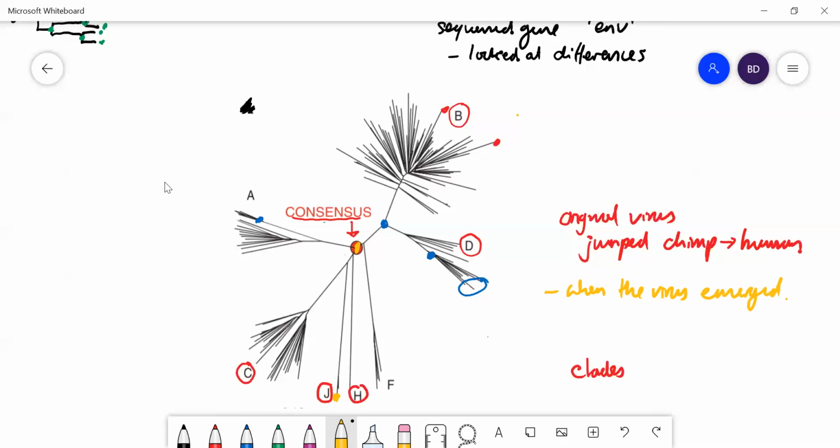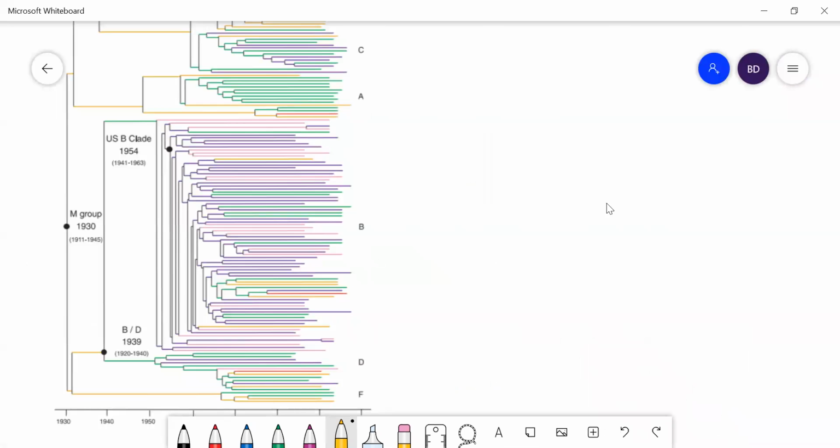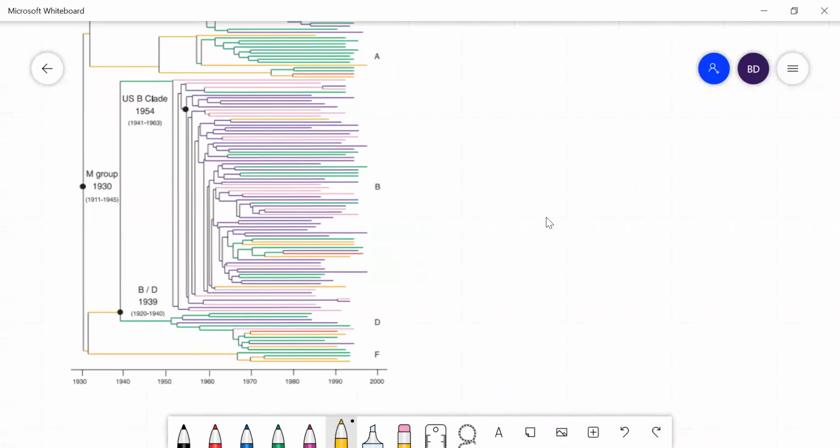That data is shown in quite a different way, but it's the same data. This is done as a phylogenetic tree, and every one of those lines, there should be 159 lines, is one of 159 virus samples.